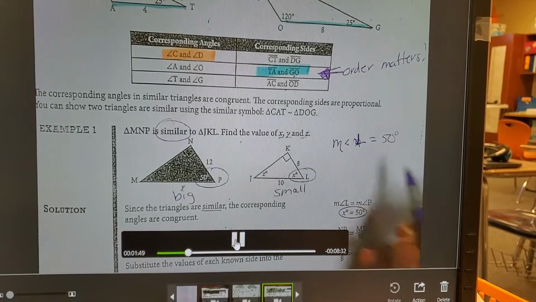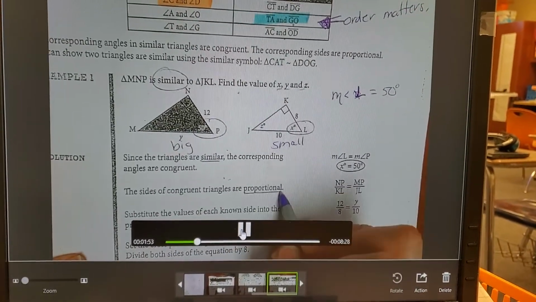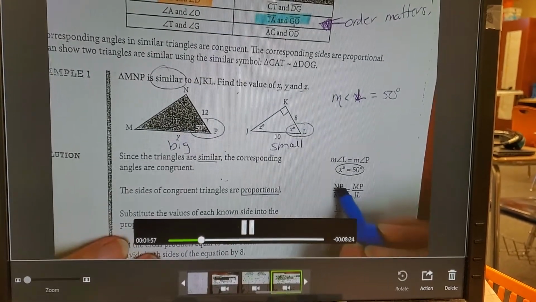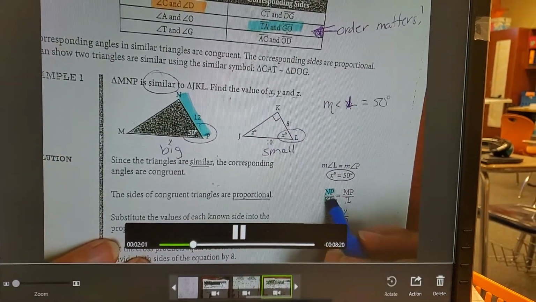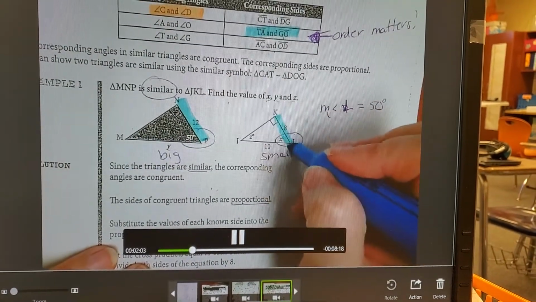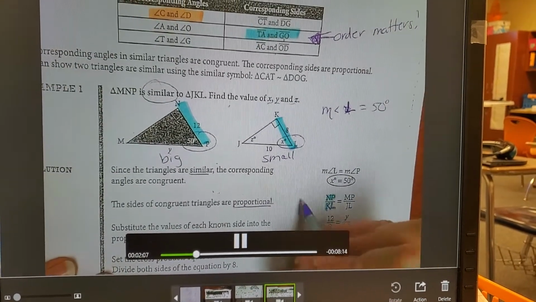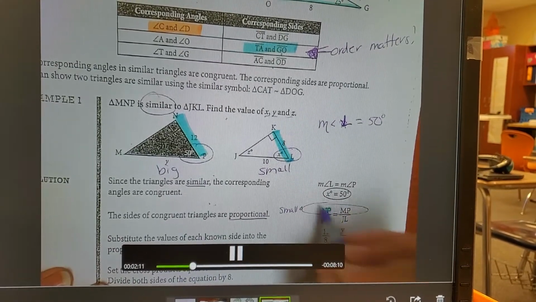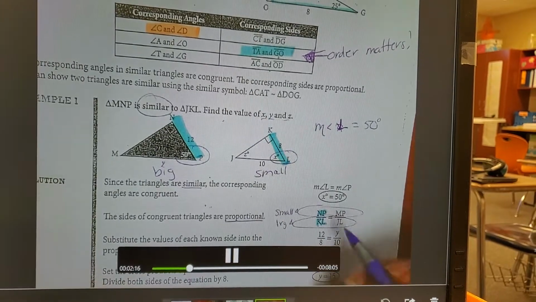Okay, then if we take a look down here, NP is going to be proportional with KL. So basically, let's say we're putting the information of one triangle on the top and the information of the other triangle on the bottom.